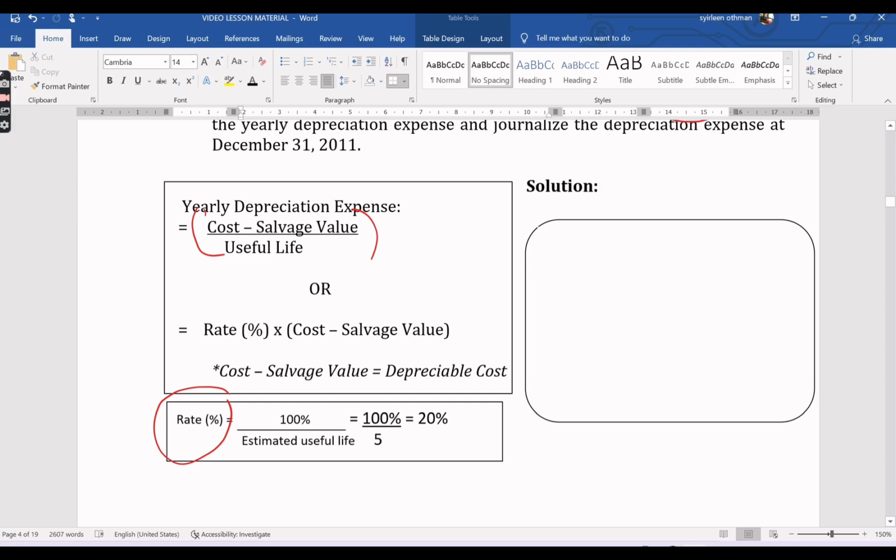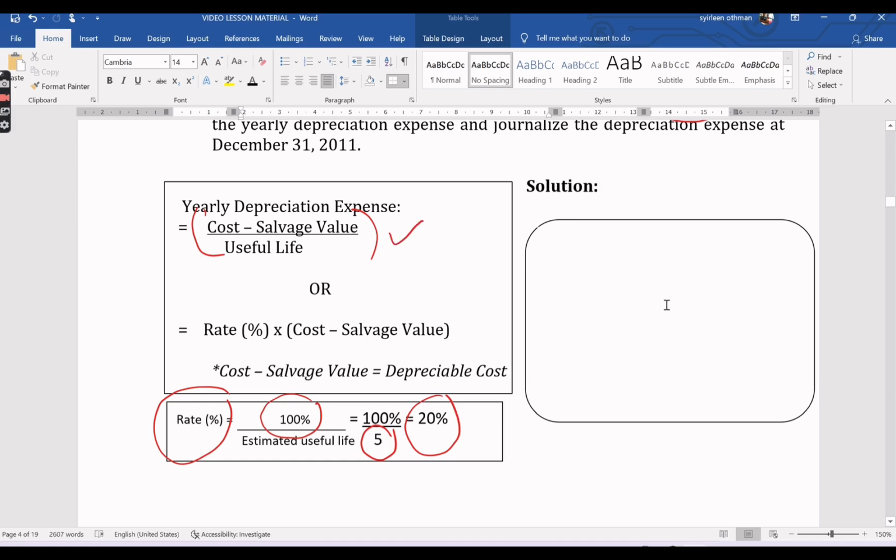The estimated useful life given in the question is 5, so we divide 100% by the estimated useful life. 100% divided by 5, so the rate is actually 20%. You can either use this rate and multiply it with the amount given, or you can straight away calculate from here.